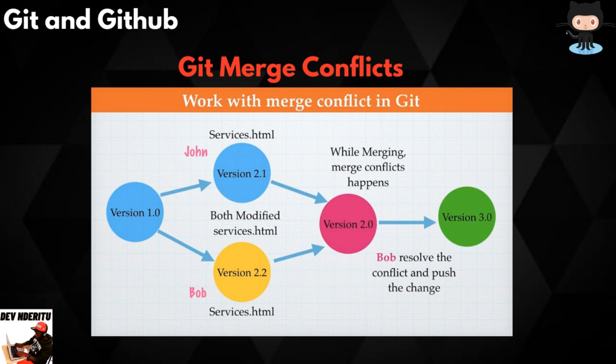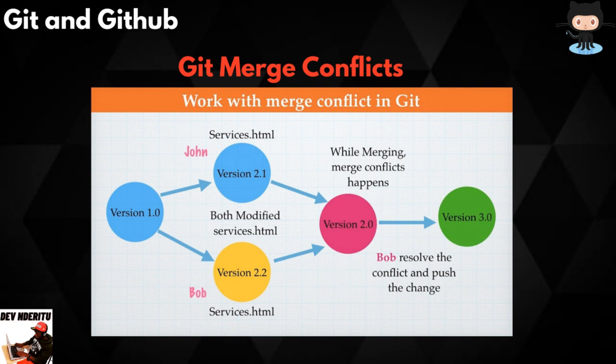When they want to join their changes, you will get a conflict because there are two iterations, but you want to make it one iteration. Merge conflicts are a regular occurrence, especially when you're working on group projects, and you have to know how to resolve them.